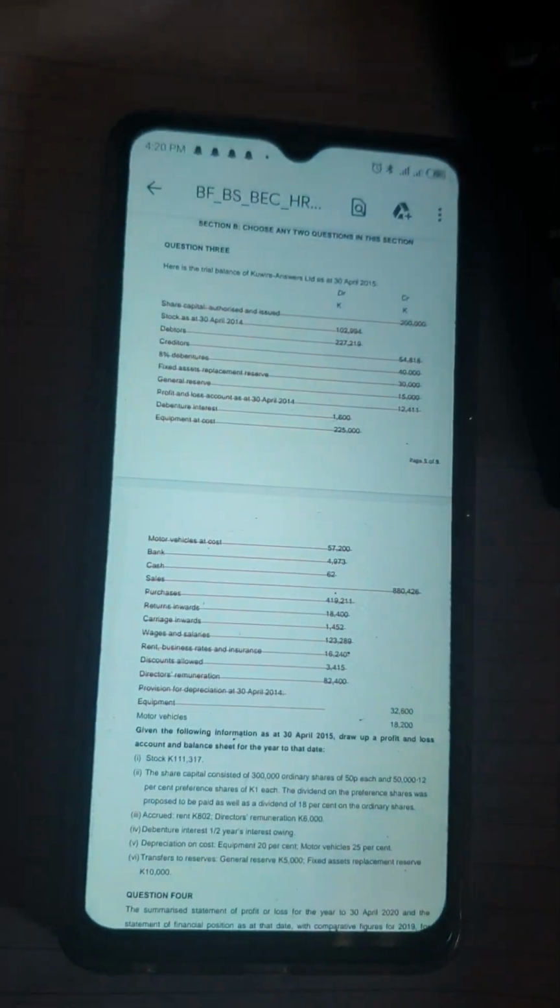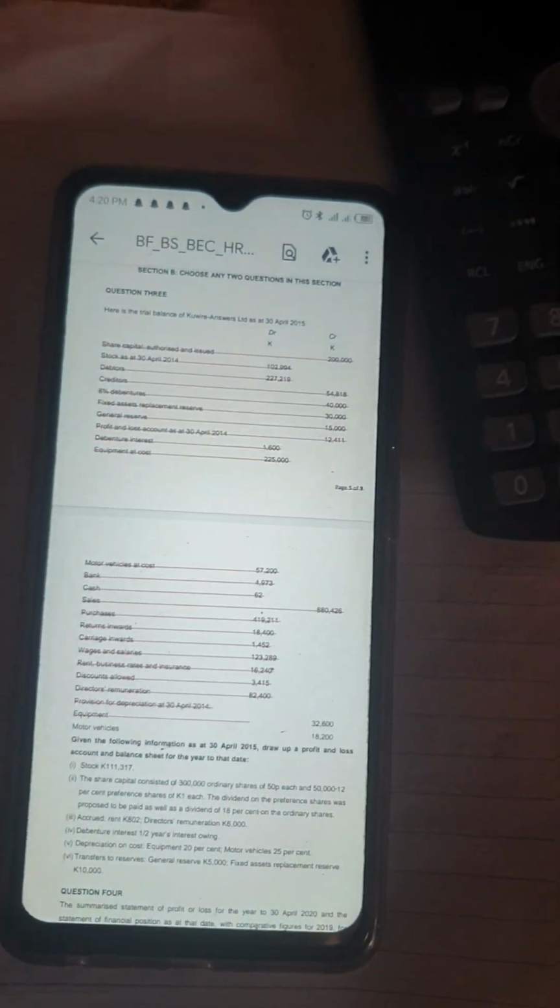Then we go to money in the bank. According to our question, bank is 49,73. Then we have cash, all on the debit side, which means this money is available. Cash is 62.